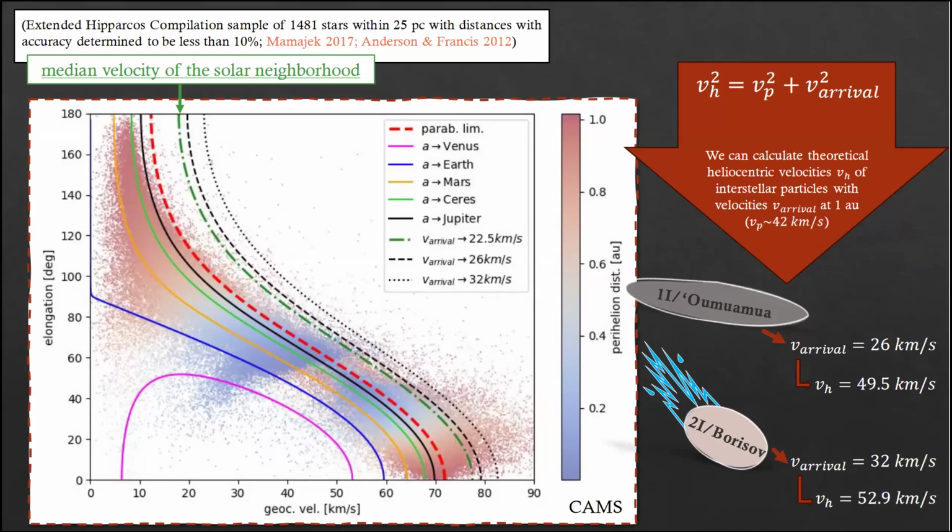Just for illustration, I have also calculated what it would be like if there was some meteor with arrival velocities equal to Oumuamua or Borisov. The arrival velocities were 26 kilometers per second and 32 kilometers per second.